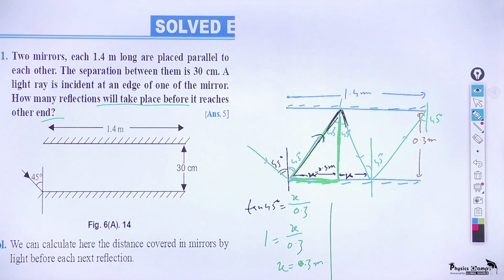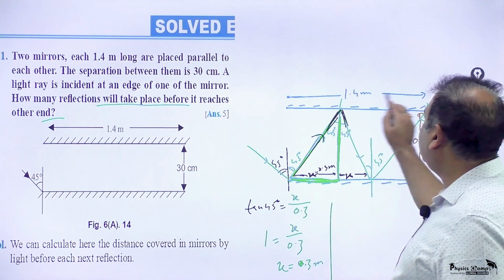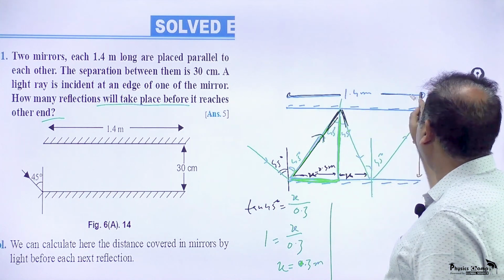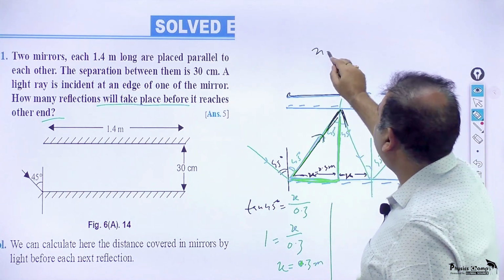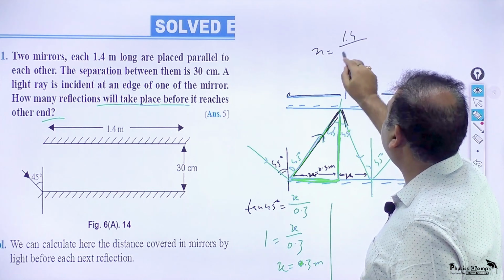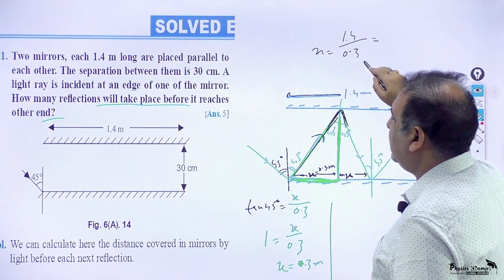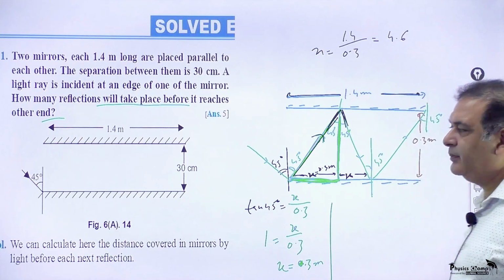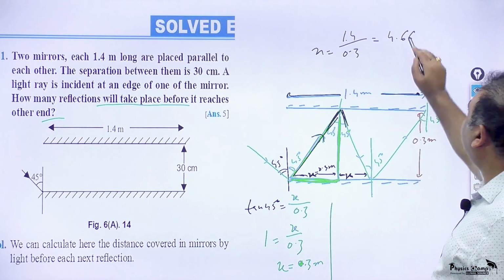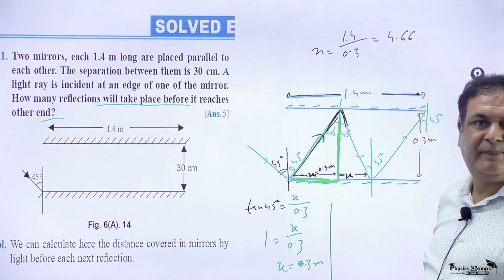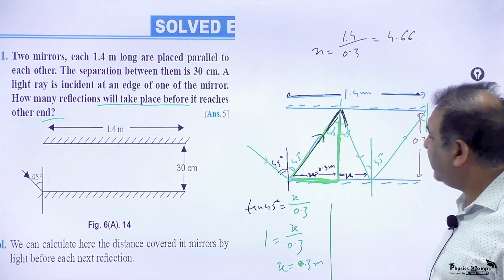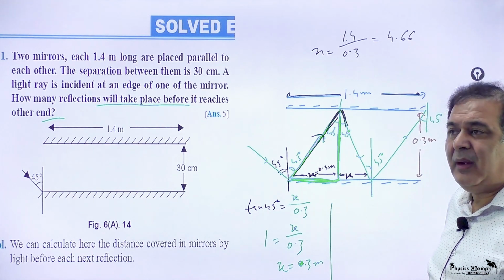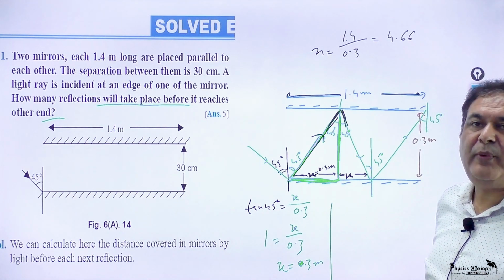Now, how many total reflections will take place in this length of 1.4 meter? So the total number of reflections will be 1.4 by 0.3. Answer comes out to be 4.66. Now question is, what do we mean by 4.66?